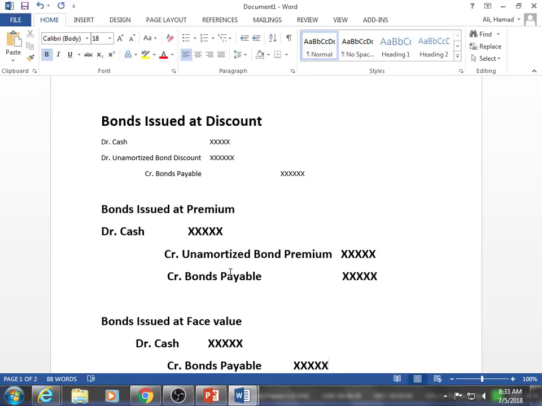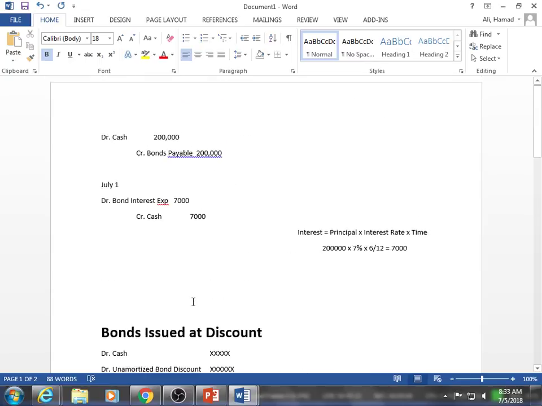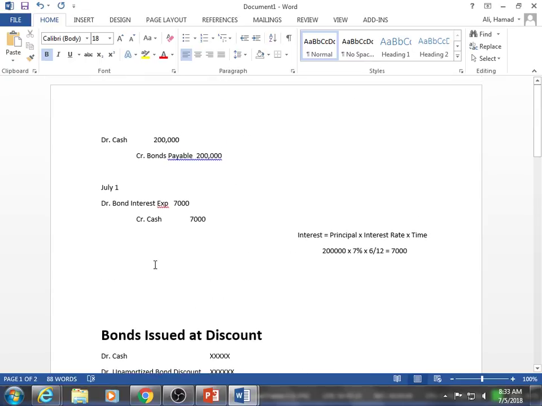Now we go back to the example. We just did bonds issued at face value on page 551. Now we continue on page 552 at the bottom of the page.